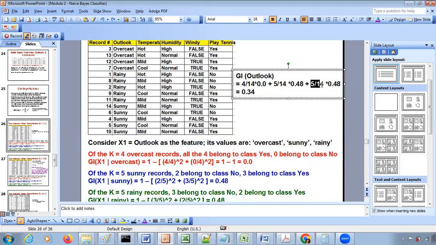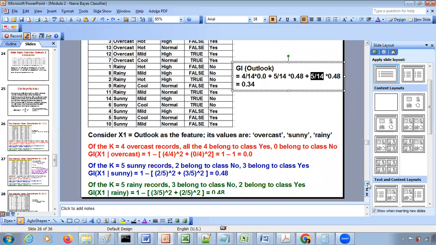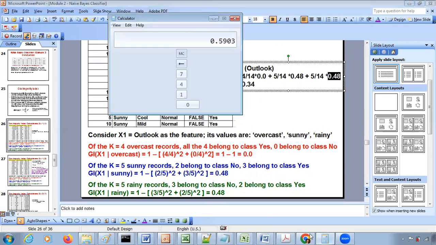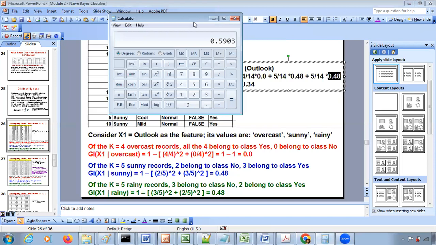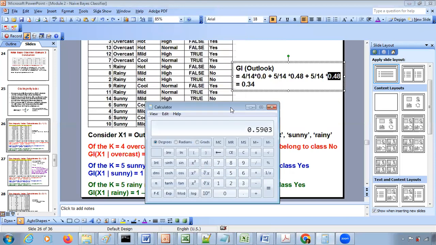And another 5 over 14 is the weight for the rainy value, and its Gini impurity index is 0.48. If you take a weighted average of this, that will get you 0.34. The best way to do this math is to say 4 times 0 plus 5 times 0.48 plus another 5 times 0.48, divided by 14, and that will get you the Gini impurity index.